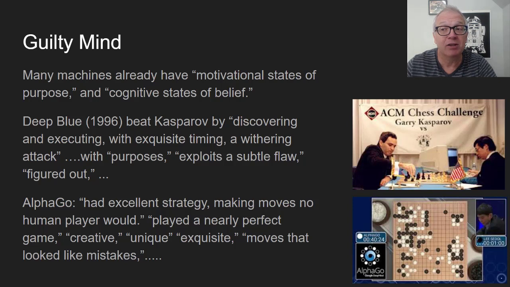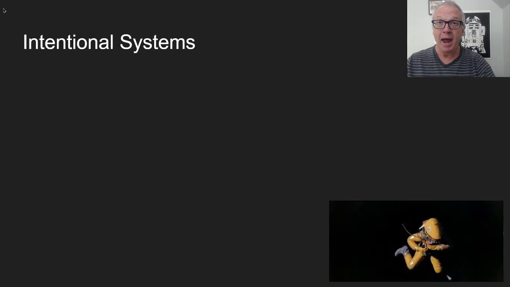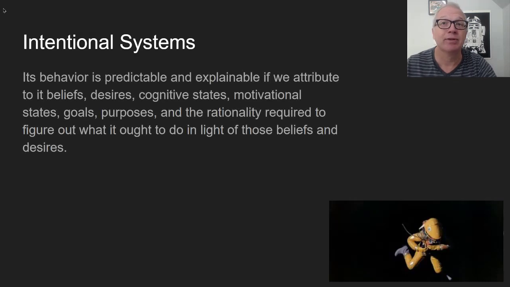AlphaGo was unique, with exquisite moves that looked like mistakes. So there's a lot of intentional language being attributed to Deep Blue and to AlphaGo. And that's going to be very important for Dennett's answer about what a machine would need to have in order to have mens rea. And the answer is, well, it has to be an intentional system.